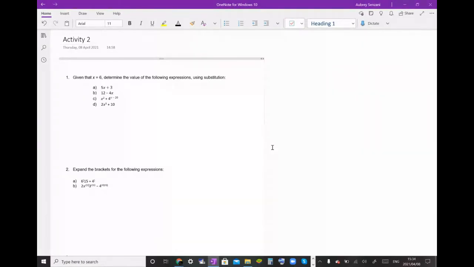So, given that x is equal to 6, determine the value of the following expressions using substitution. What then would be the total for A if we substitute x with 6? All right, I hear something there in the chat.